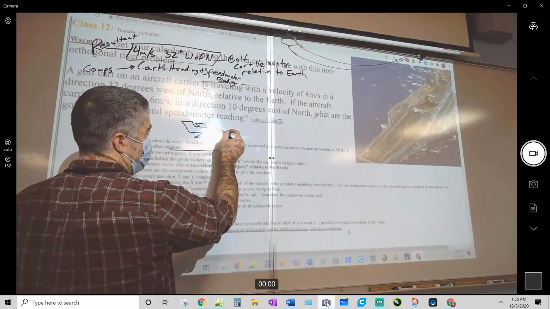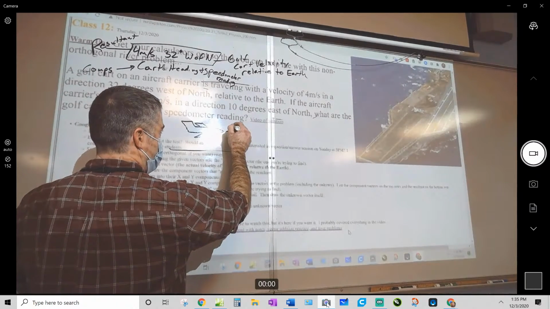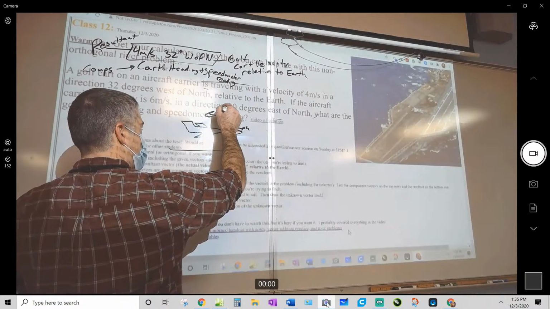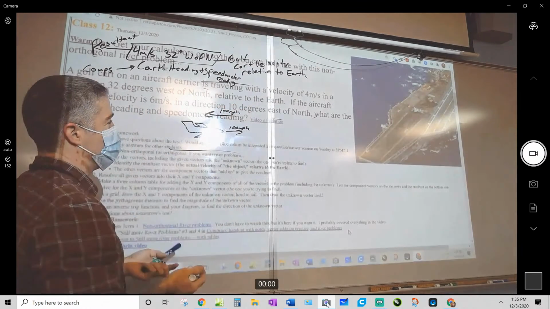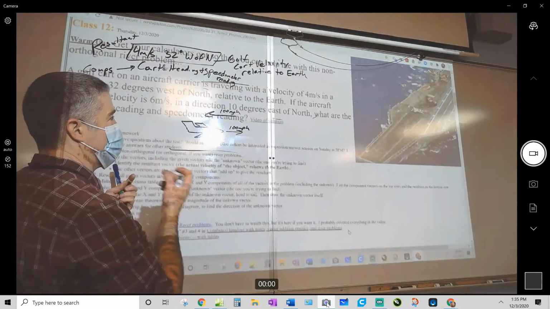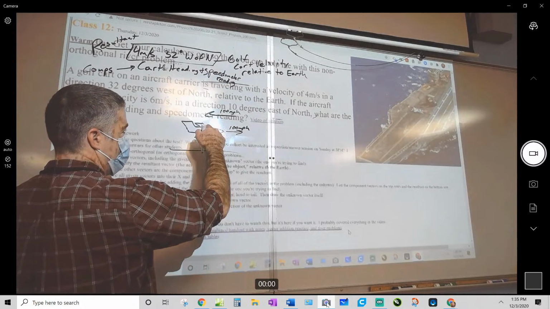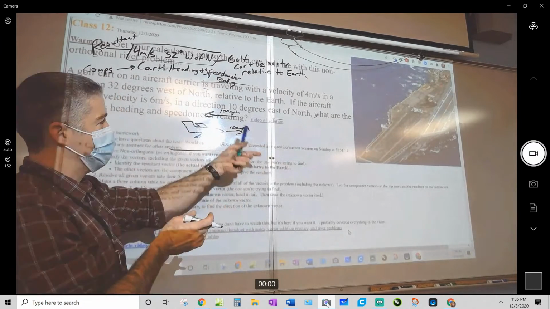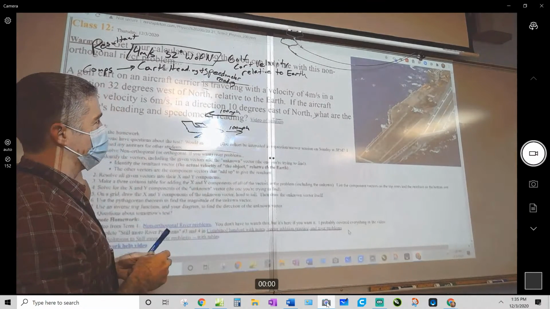But if you have a plane that the speedometer says 100 miles per hour, and that's your airspeed, but at the same time the wind is blowing 100 miles per hour into your face, how fast is the plane actually going relative to the ground? Zero. It's just hovering there. So that's the difference between the airspeed, which is how fast it would travel through still air, and ground speed, which is how fast it's actually traveling relative to the earth.